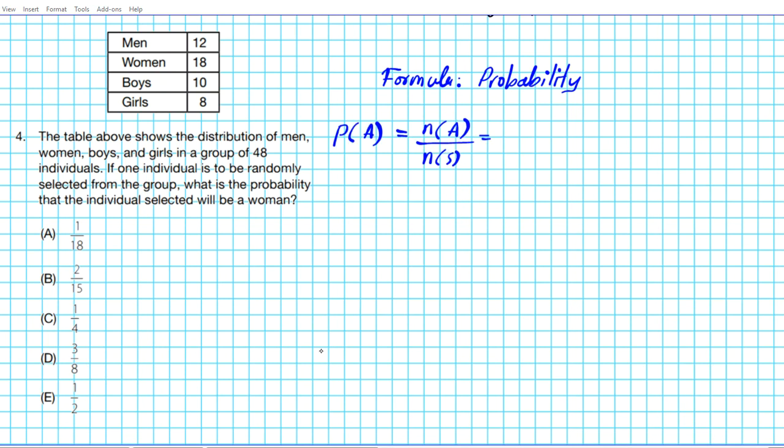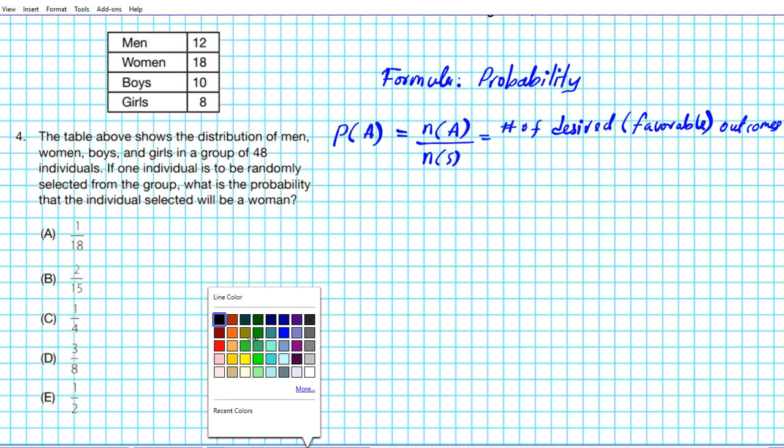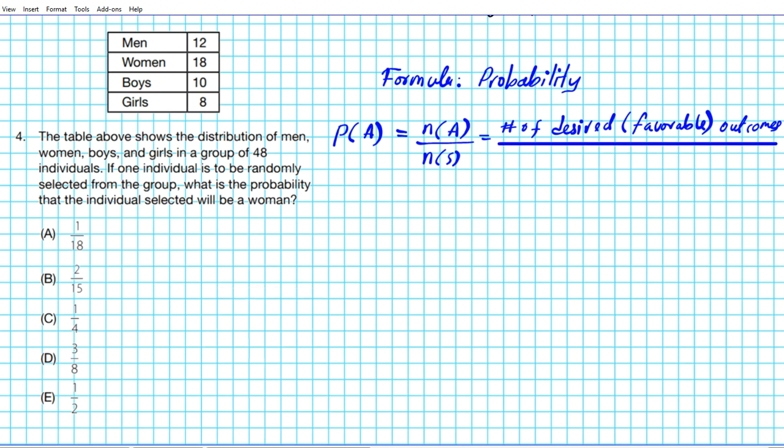So n of A is basically the number of desired, what you want, desired or favorable outcomes, and then that is divided by the total number of outcomes or possible outcomes. Okay, so divided by number of possible outcomes.